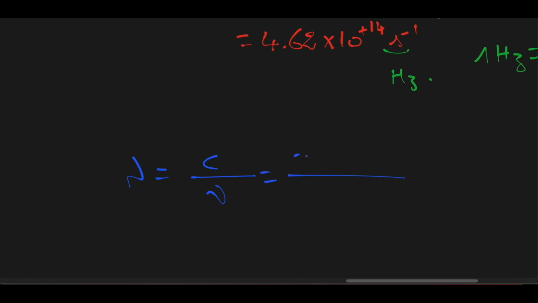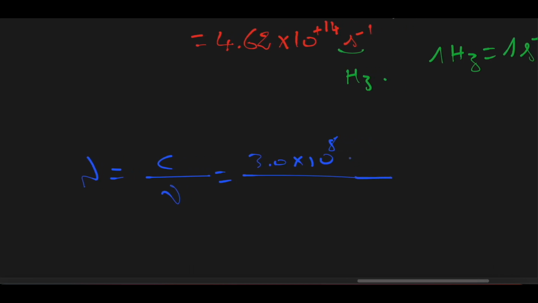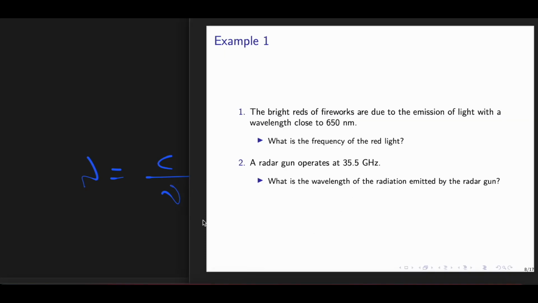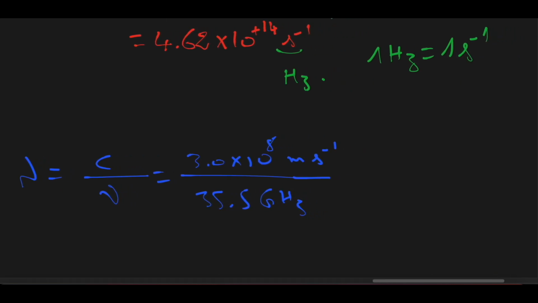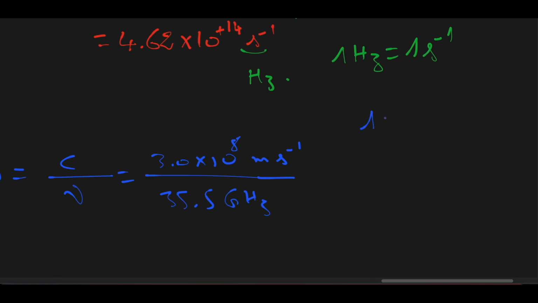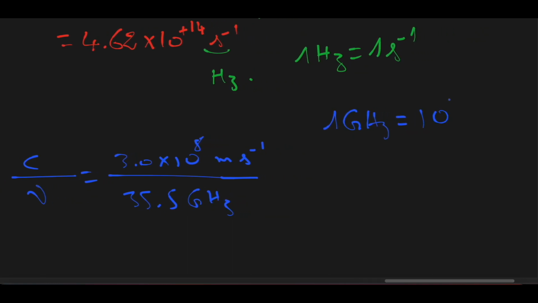It is equal to, again, 3.0 times 10 to the 8 meters per second, and it operates at a value of 35.5 gigahertz. Here we have to convert to hertz, because 1 gigahertz is equal to 10 to the plus 9 hertz.